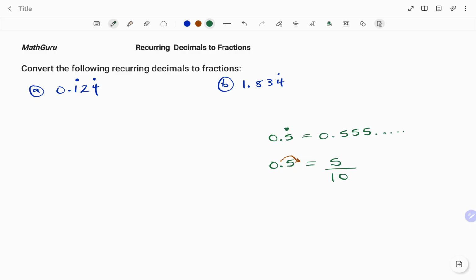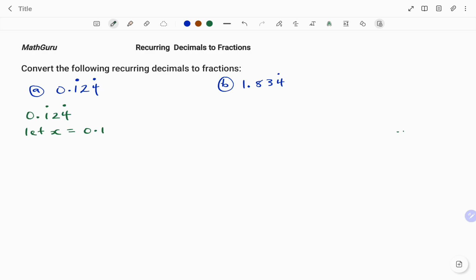So going to the first example, I have 0.124, and you can see the recurring sign on the 4. So writing that as recurring, I'm going to say let x equal 0.124124, and so on.